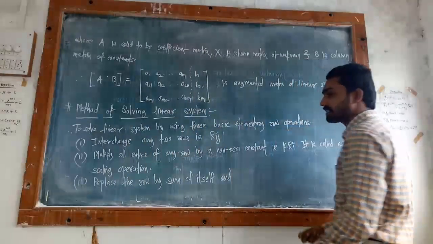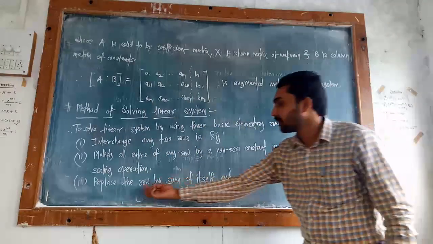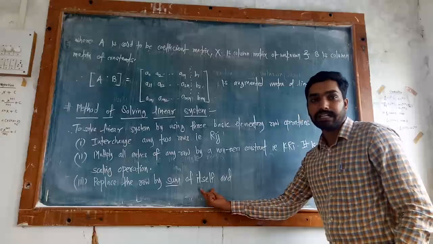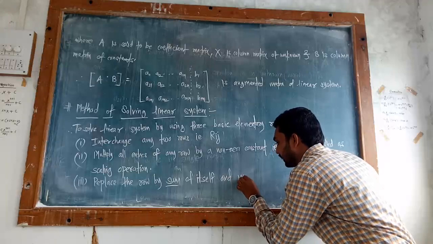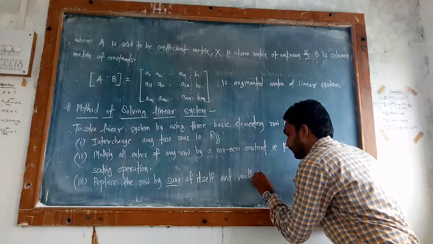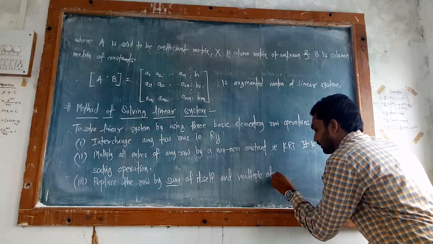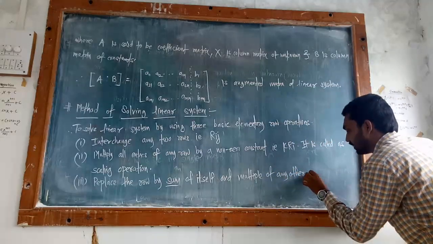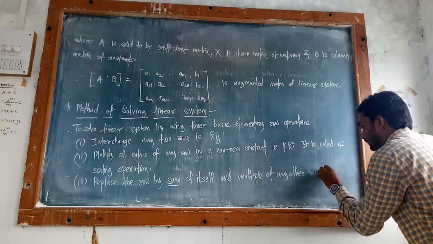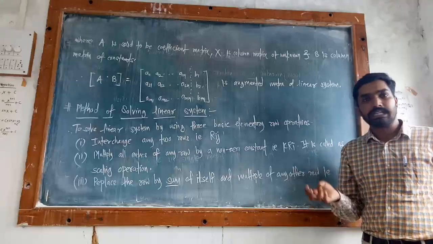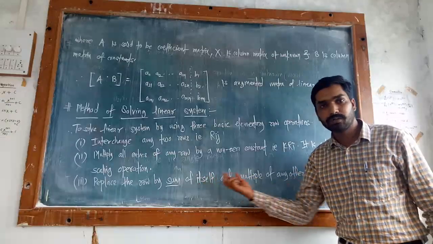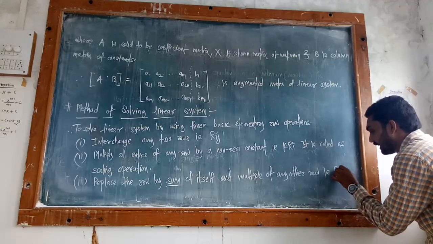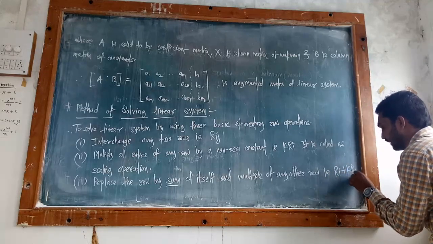What is your third row operation? We take the sum of the row itself and a multiple of any other row. That is, we can replace any row by the sum of itself and a multiple of any other row, that is Ri plus k times Rj.